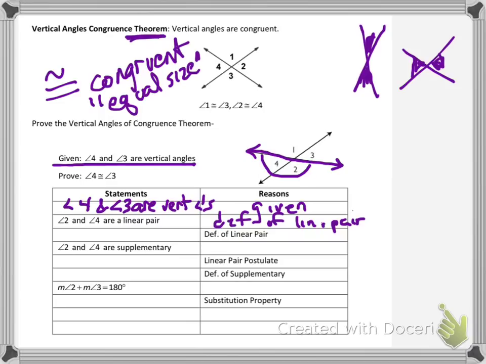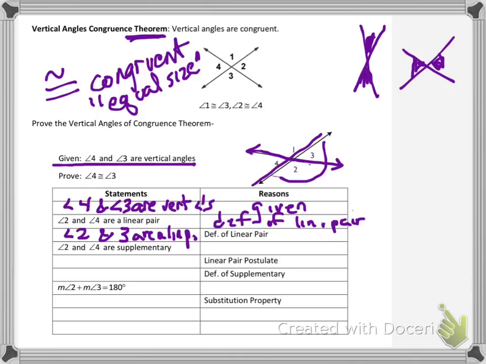Okay, well, we can also see that angles 2 and 3 are a linear pair. So, like that. That is also a straight line. So again, angle 2 and 3 are a linear pair.